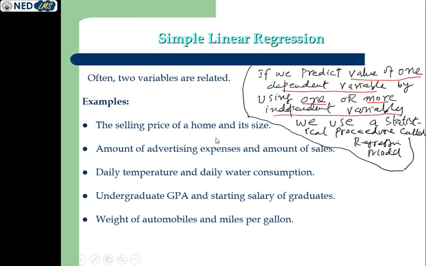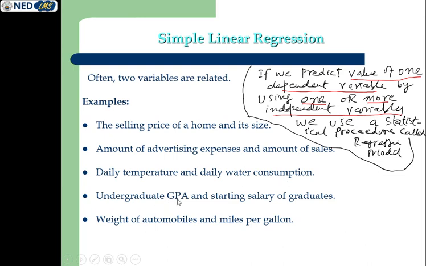For example, the amount of advertising expenses is the independent variable and the amount of sales is the dependent variable. For example, daily temperature and daily water consumption: temperature is the independent variable and water consumption is the dependent variable.